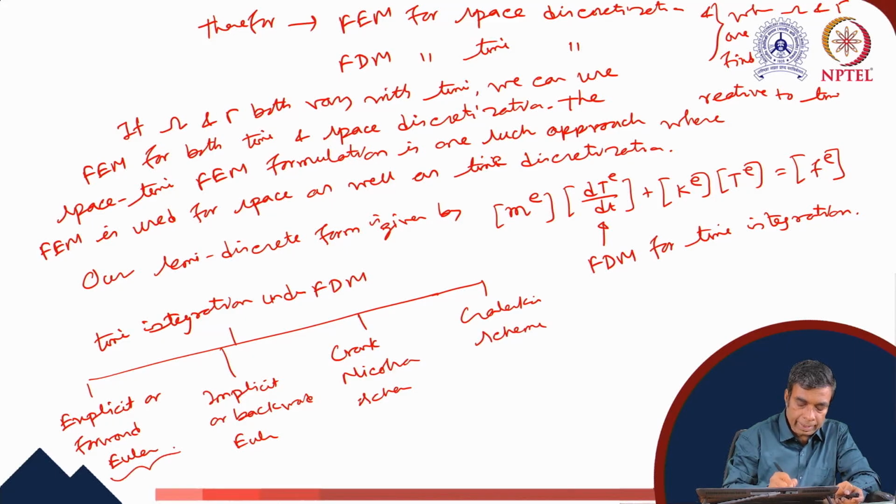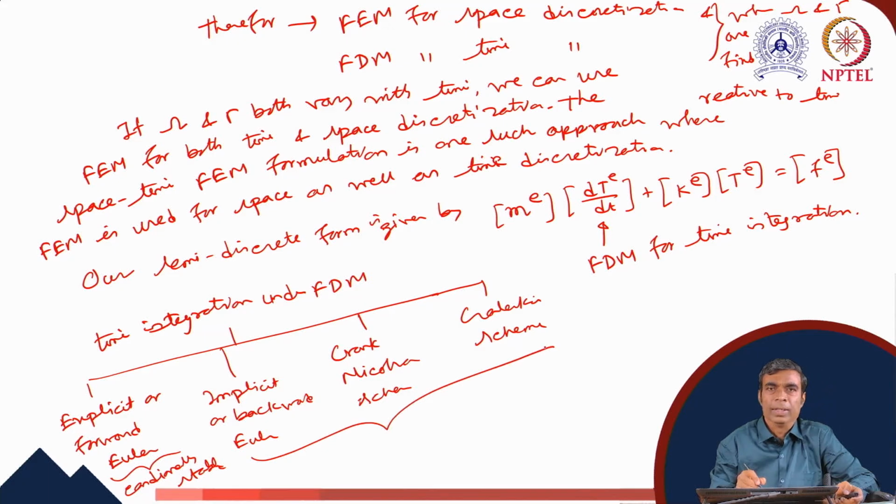So the first case is conditionally stable. Here the solution, whether it will converge or not, is based on conditions. So we say that this is conditionally stable. The second, third and fourth come under the group of unconditionally stable.